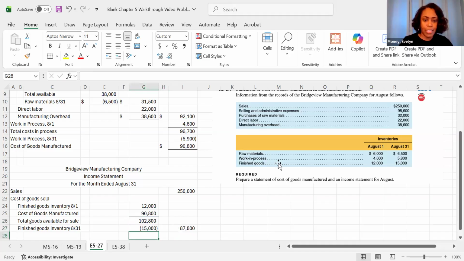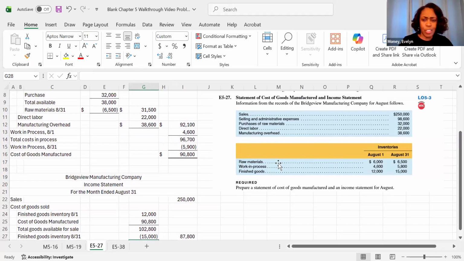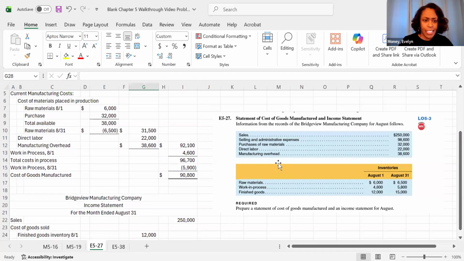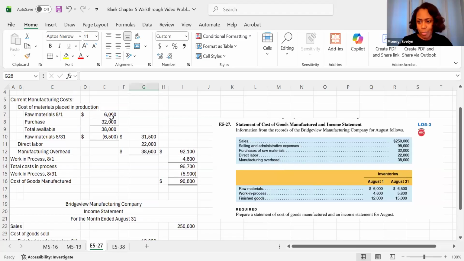Oh, I think I might have typed something in wrong. Let's see, cost of goods manufactured, I should have gotten... Let me go back. I think I typed something in wrong up here. 6,000 plus 32,000 minus 6,500, 22,000, 38,600. Oh, that's 5,800, not 5,900.